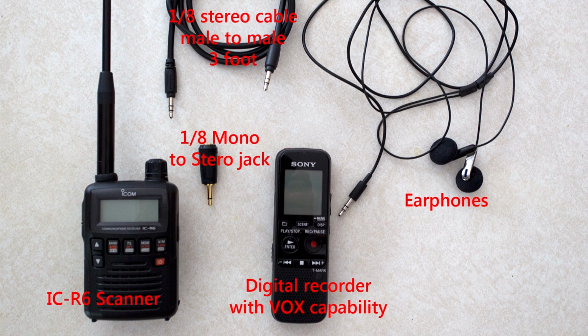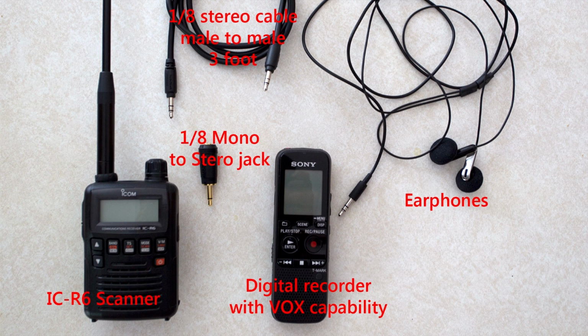So it's always advisable just to use earphones if you're just using the scanner. But what I like to do is also record the audio. If we're listening to the pilots, etc., it's nice just to keep that on file. So my setup is I go from the scanner through the mono to stereo output into a 3-foot cable, and that goes into my recording device.